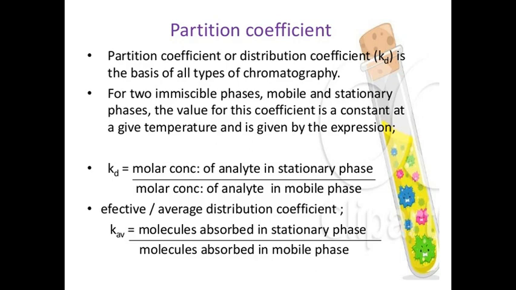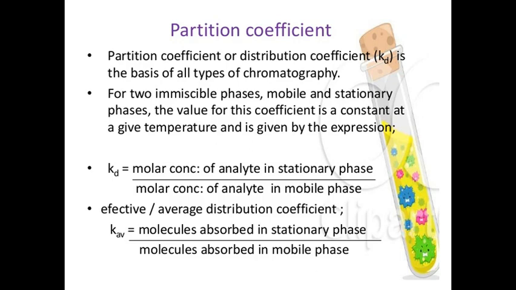This gel filtration chromatography again depends upon the partition coefficient. Now what is actually the partition coefficient? Partition coefficient is nothing but the distribution of your sample molecules into two different phases, because in gel filtration chromatography there are also two different phases, stationary phase and mobile phase.